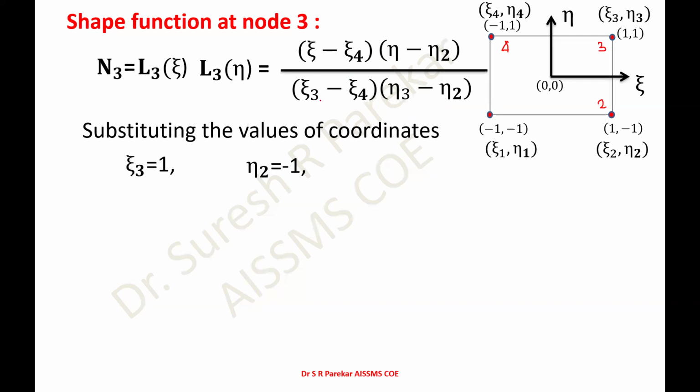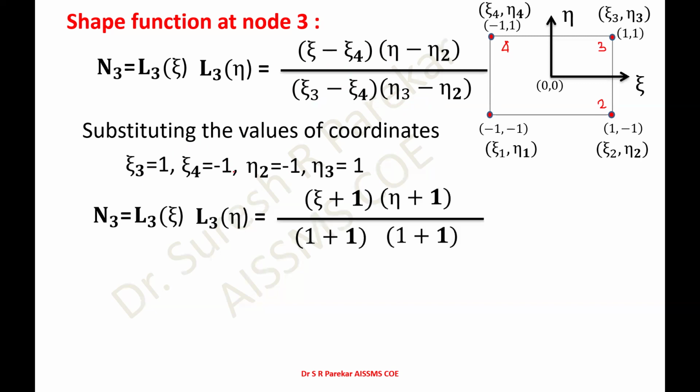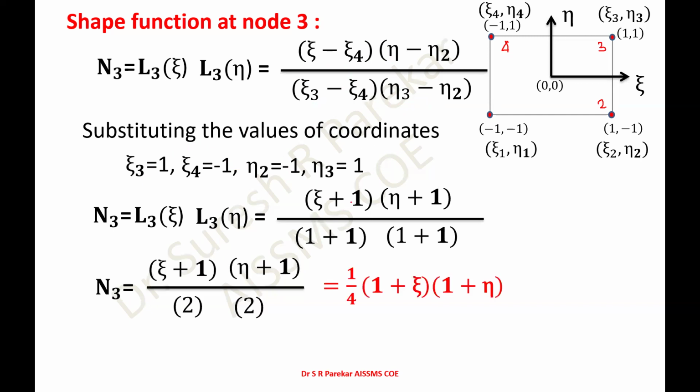Zeta 3 is 1, eta 2 is minus 1, zeta 4 is minus 1 and eta 3 is 1. Then we substitute the values in the same fashion. Now we have all plus, so 1 plus zeta, 1 plus eta, divided by 4. This is the value of N3.